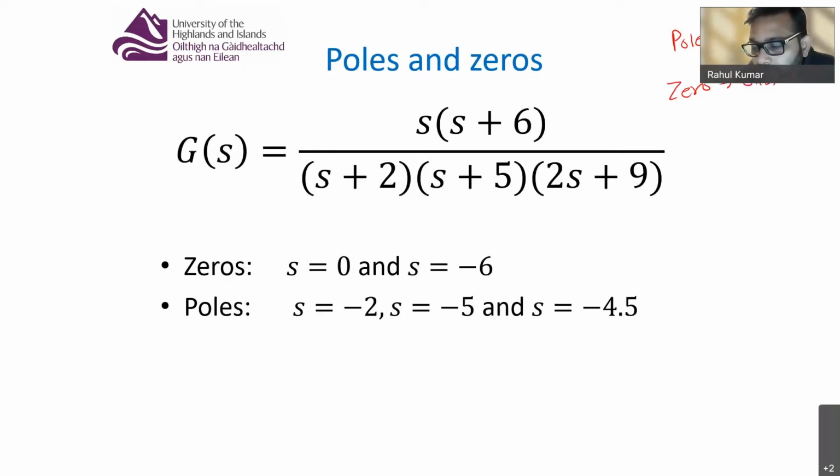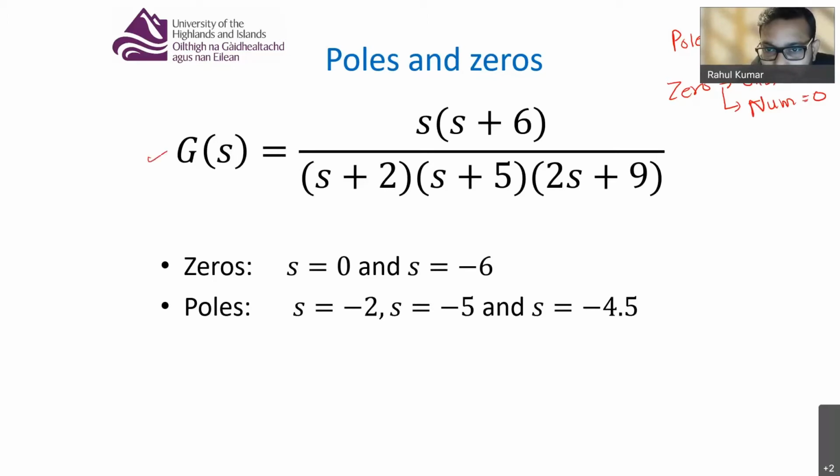And for that, the bottom line, the denominator, should be equated to 0, and to find the values of zeros, the top line or numerator should be equated equal to 0. Okay.